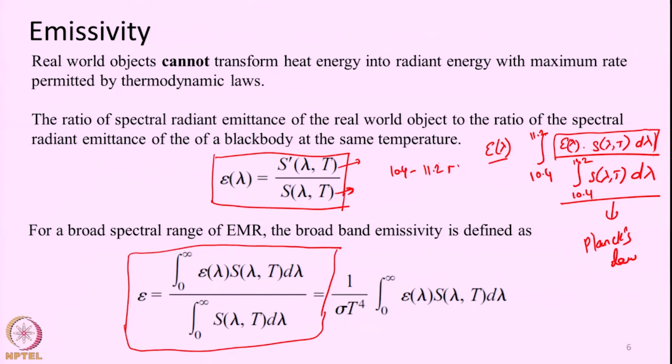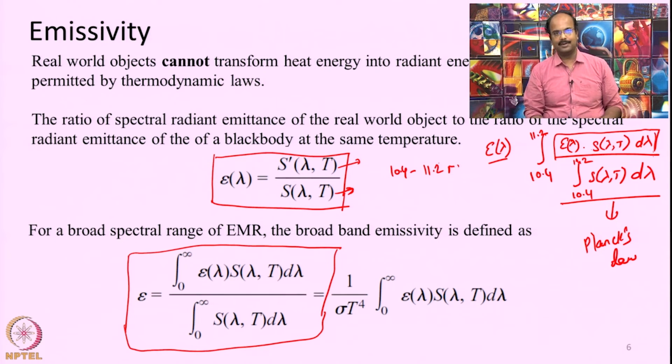Such objects are called non-black bodies, that is, objects which have emissivity less than 1 are called non-black bodies, and we will see this in detail, and those objects which have emissivity equal to 1 are called black bodies. Okay. So, non-black bodies and black bodies.